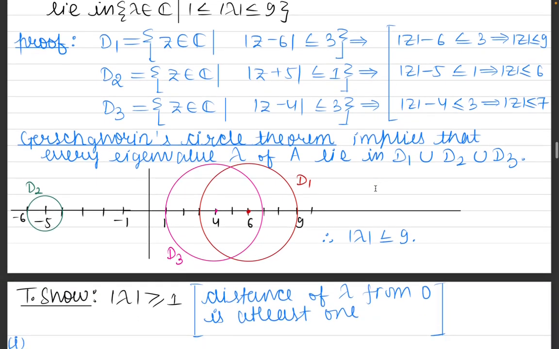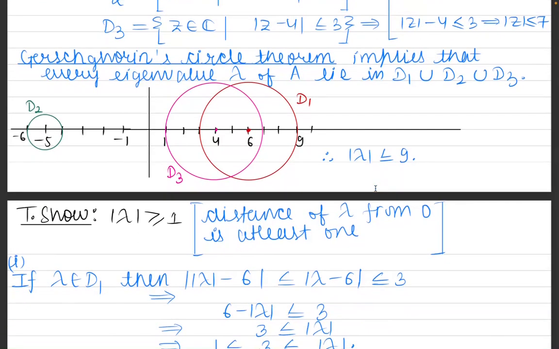Then D2 will be centered at minus 5 with radius 1. So this is D2. And the last is centered at 4 with radius 3.